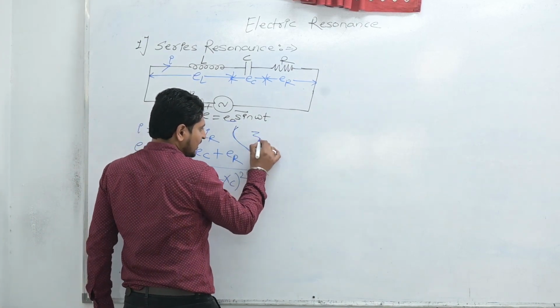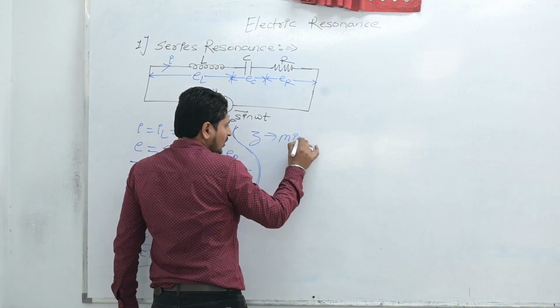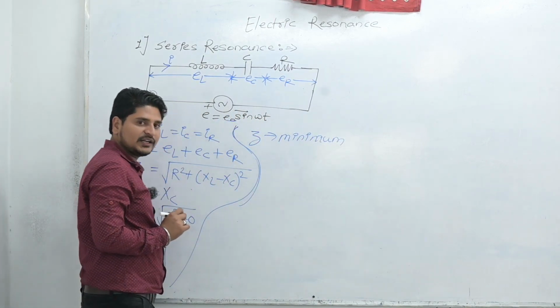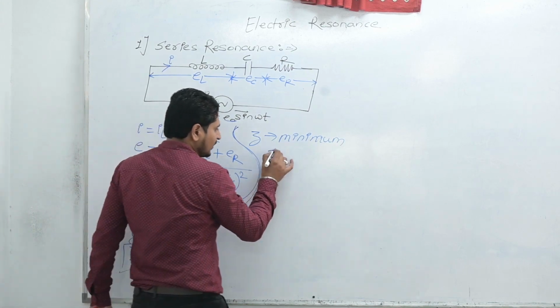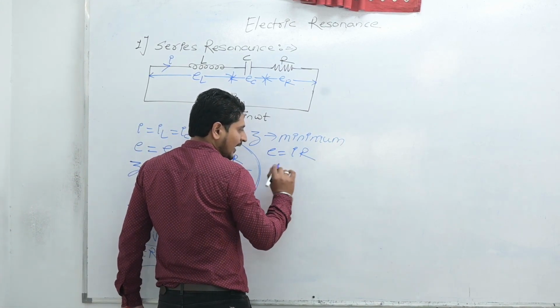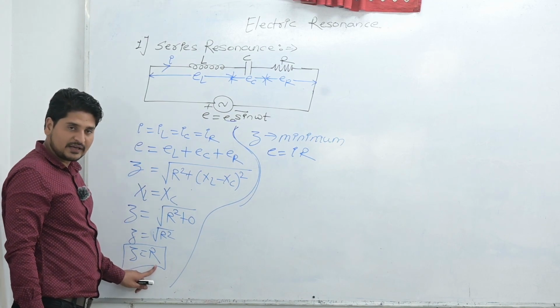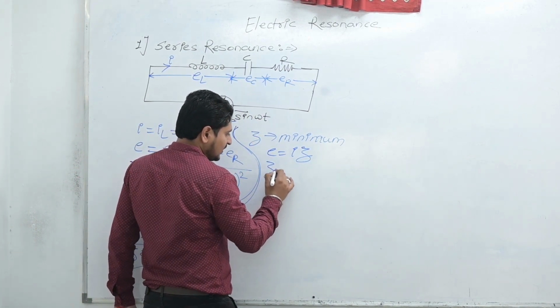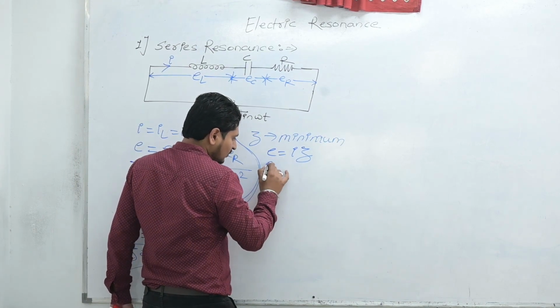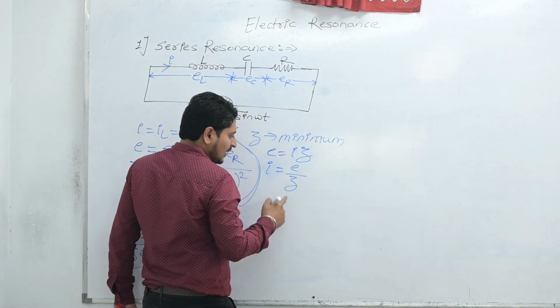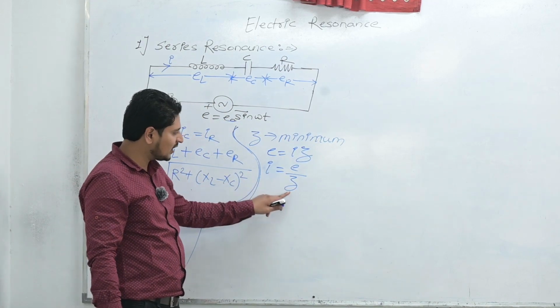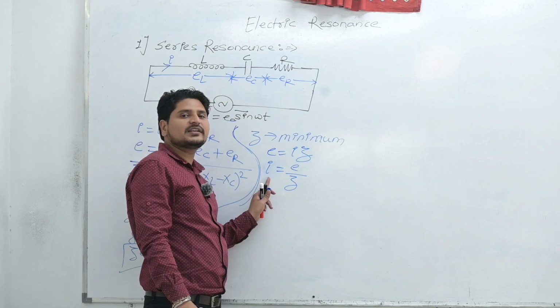So यहाँ पे Z कितना हो जाएगा? Minimum. So your Z is minimum, and according to Ohm's law, we know that E is equal to I into R, and here R is replaced by Z. So I is equal to E divided by Z. If Z is minimum, then due to the inversely proportional relation, current is maximum.